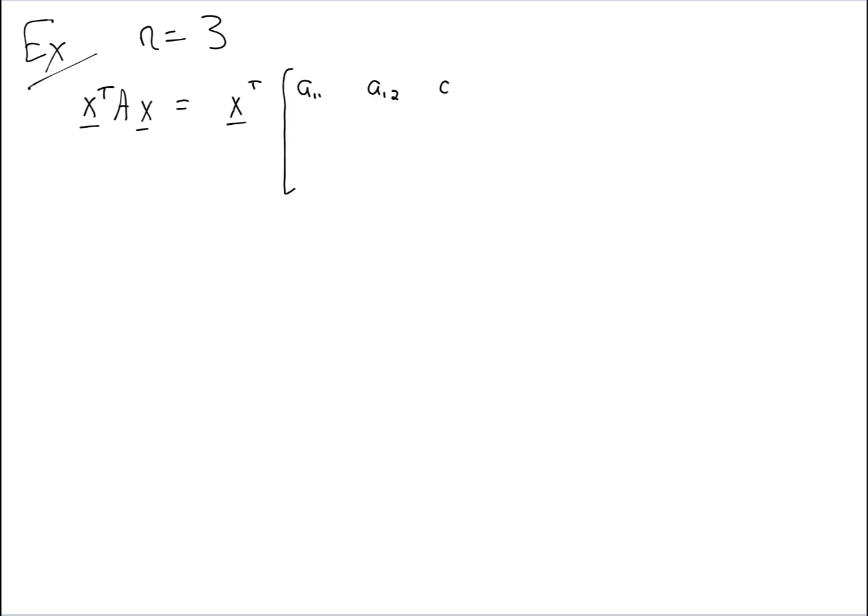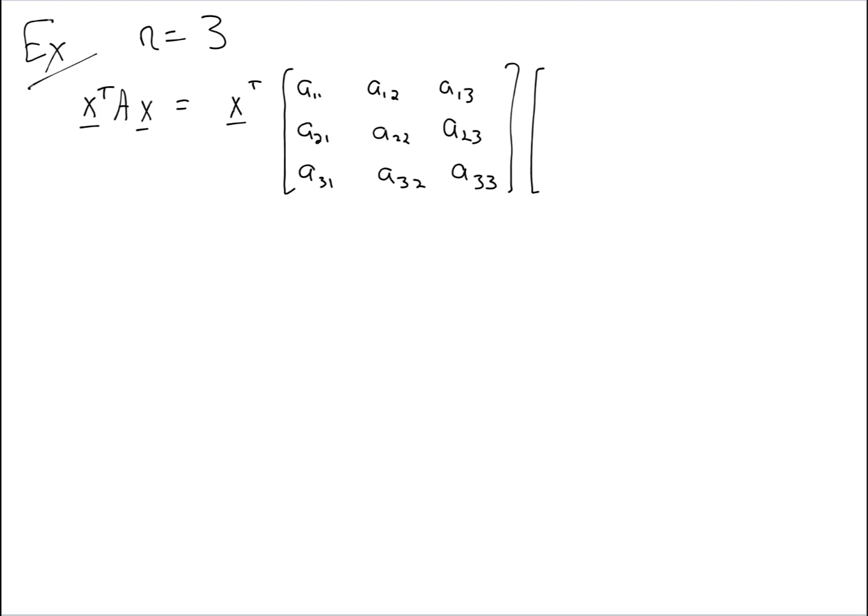Let's look at an example to make this a little bit more concrete, and let's just look at what happens in the case when n is equal to 3. In this case, x transpose Ax would look something like this. We'd have our x transpose, and then our A is this 3 by 3: a11, a12, a13, then a21, a22, a23, and finally a31, a32, a33, times x.